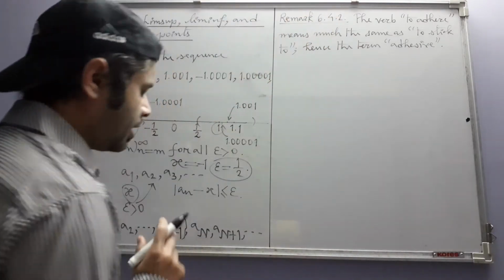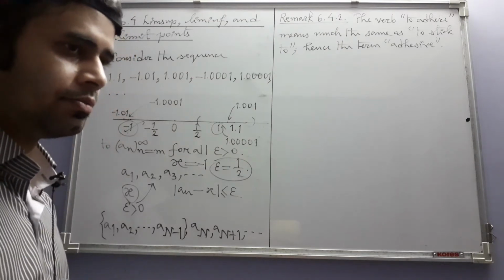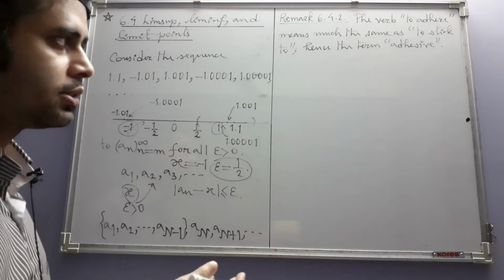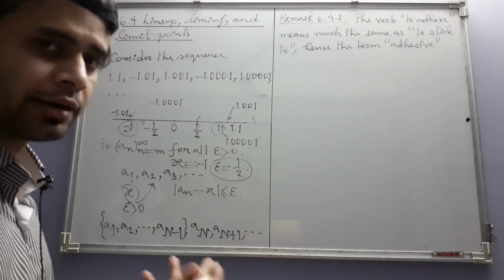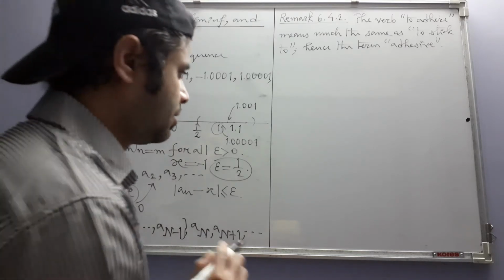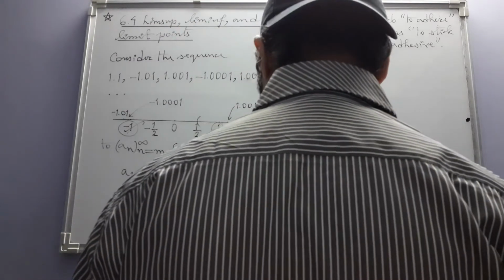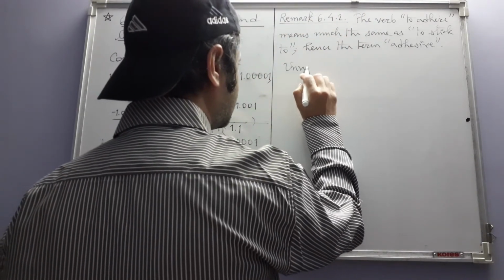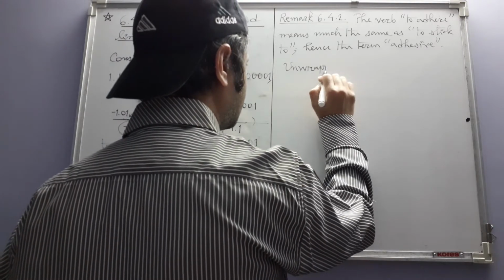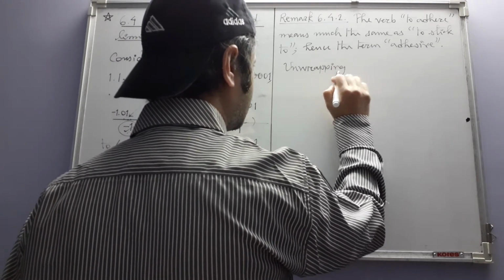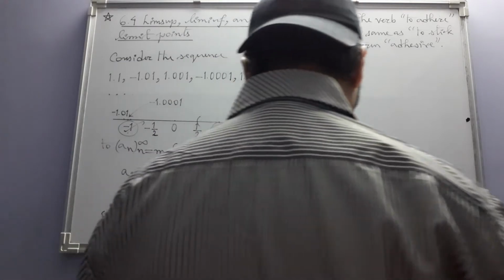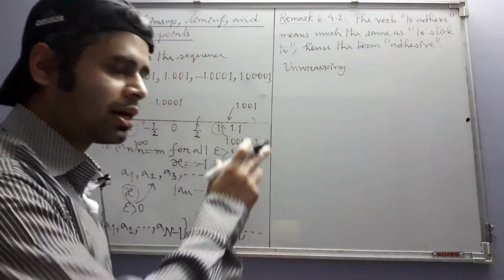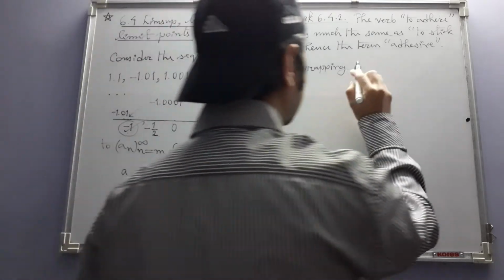Okay, so now if we apply all the conditions in the previous definition at once to a sequence, what would that look like? Unwrapping all the definitions. All the definitions means all the parts of the previous definition.